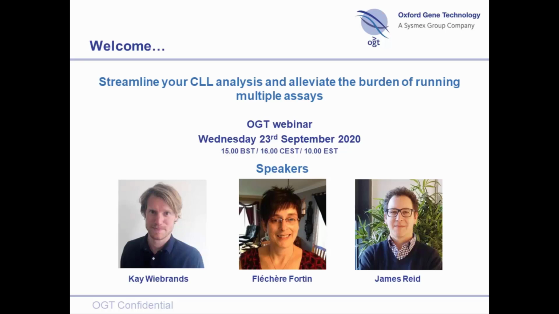Okay, thanks, James. A question came in a couple of minutes ago. For Flechair, what's the minimum percentage of plasma cells to maintain the same sensitivity as FISH? Actually, it's something that I don't know.